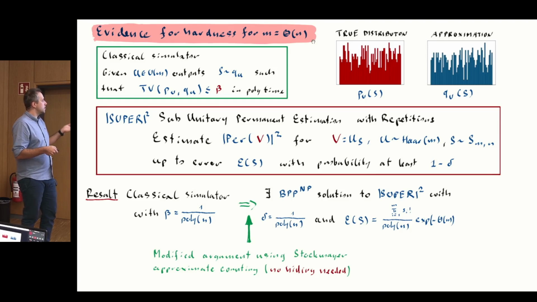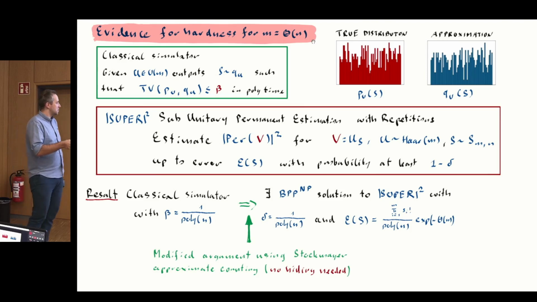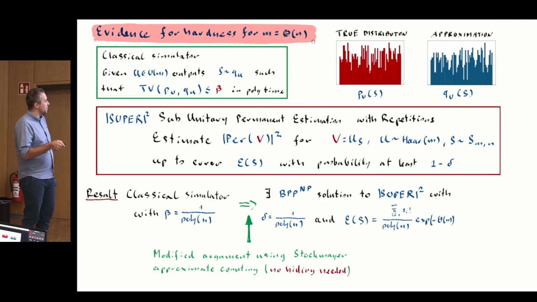So we get that, within the third level of the polynomial hierarchy, in the complexity class BPP to the NP, we can solve this problem, this super problem, with high probability and this error tolerance. Like exponentially small error tolerance, right? And we don't need hiding, but because of that, in the definition of the problem we don't have a specific output, but we have a random output S here.